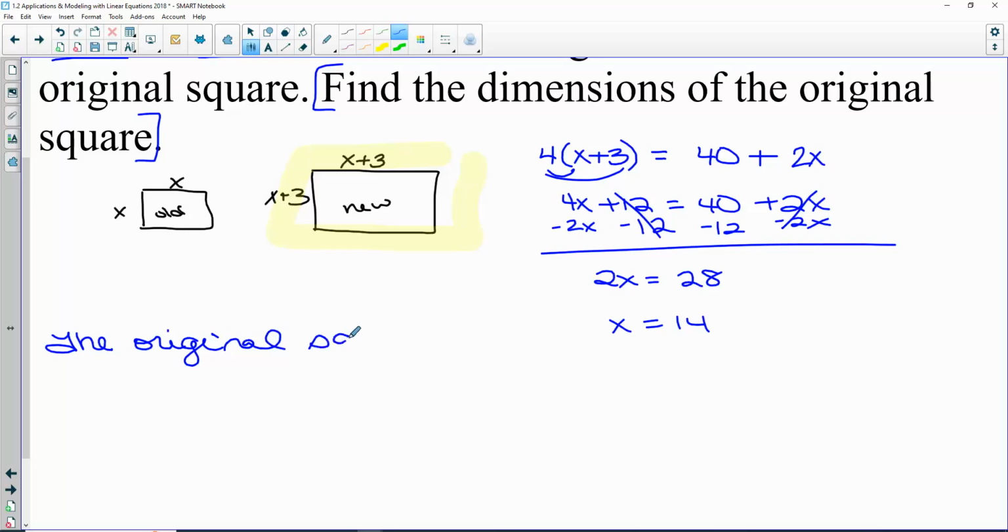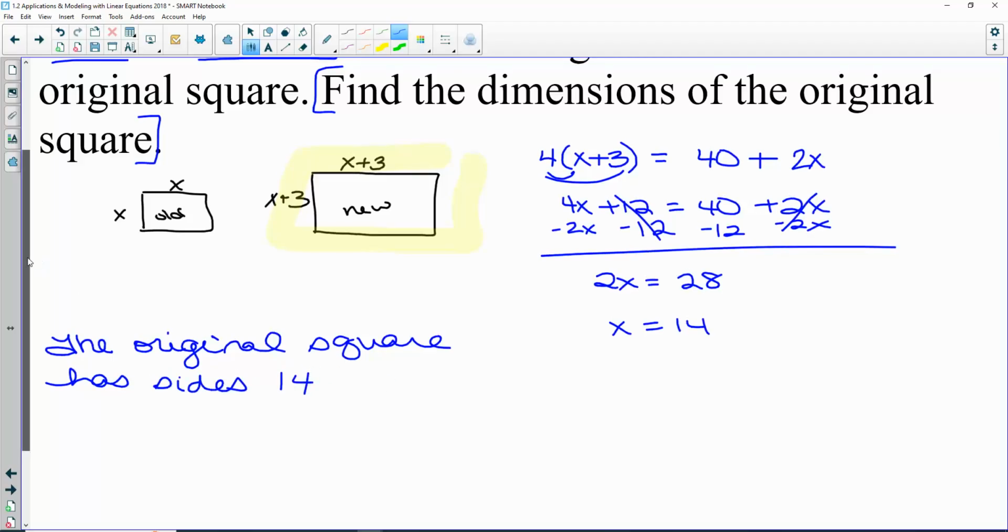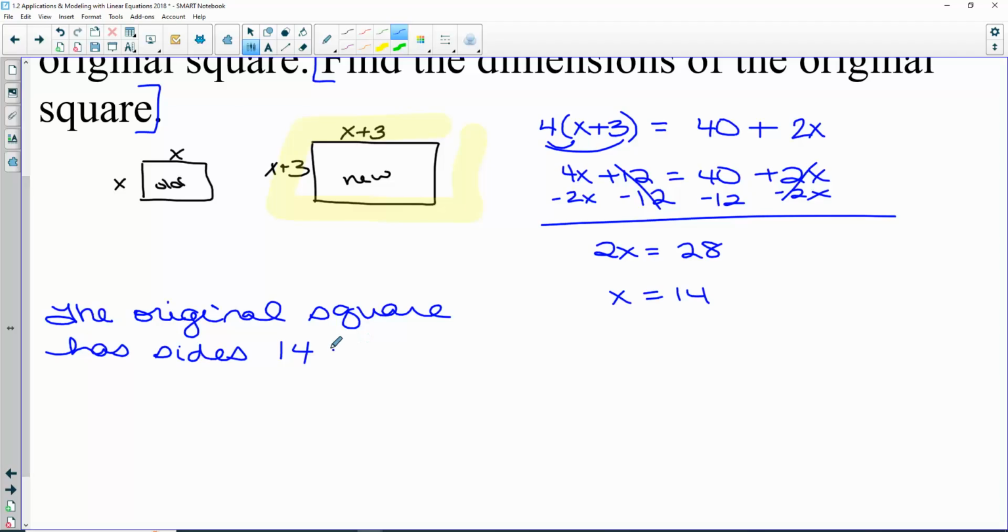So the original square has sides 14, what were my units? Centimeters long. Okay, but if I had asked you for the sides in the new square, how long are the sides in the new square? They are 3 more, so it would have been 17. So you have to make sure you go back to the question and that you're answering the correct question.